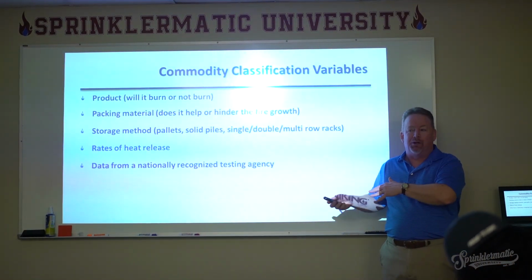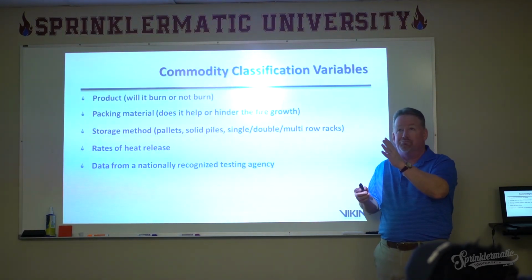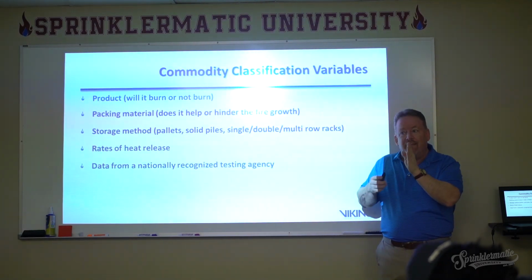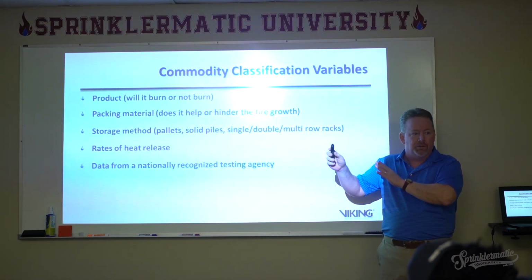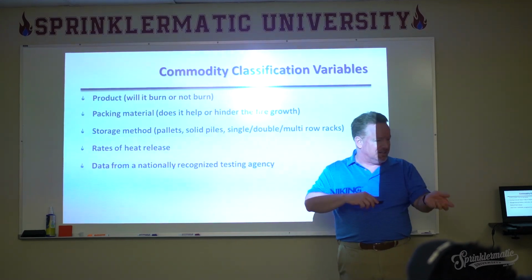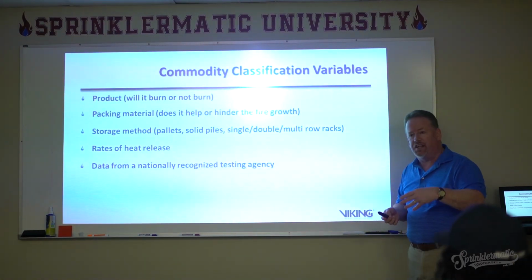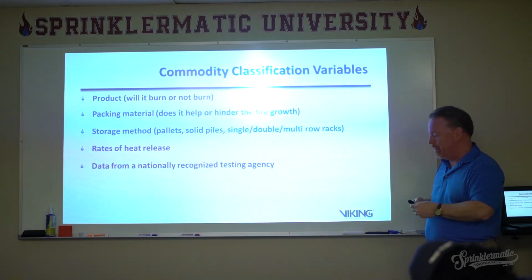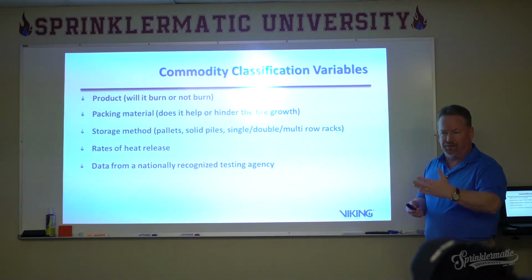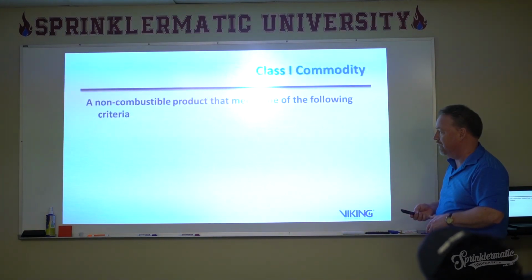We did a couple of burn tests back in the 70s and 80s, and then we started to compare commodities to what was burned and say, well, this will fall into this category. But as you'll see, the commodities in each of these families are pretty closely linked together.